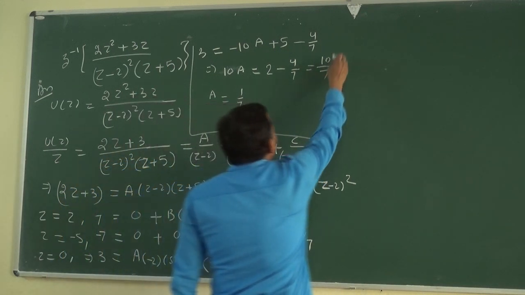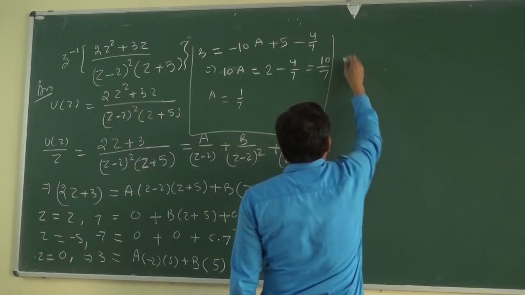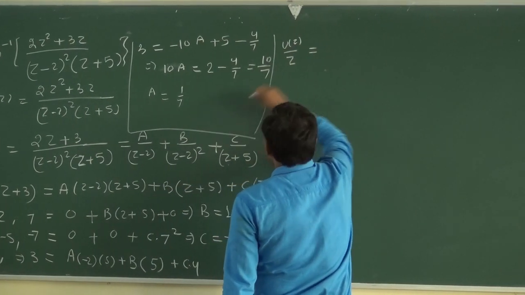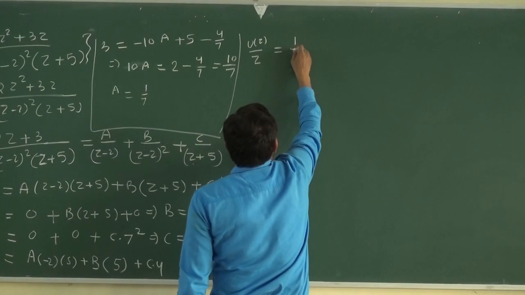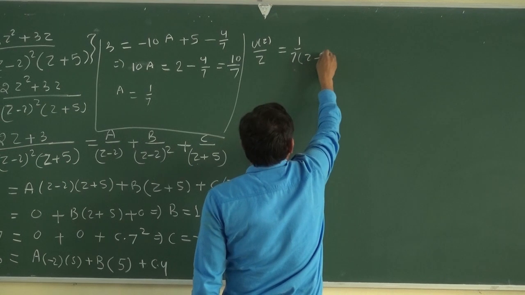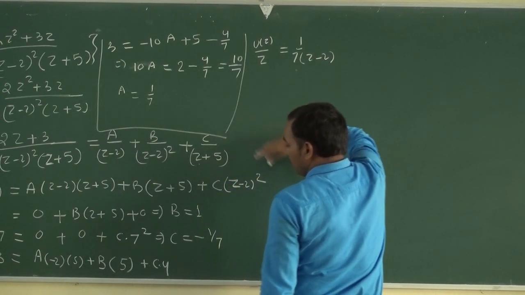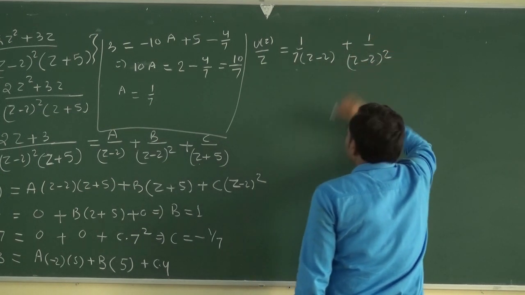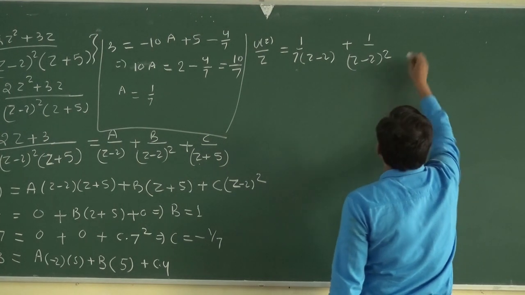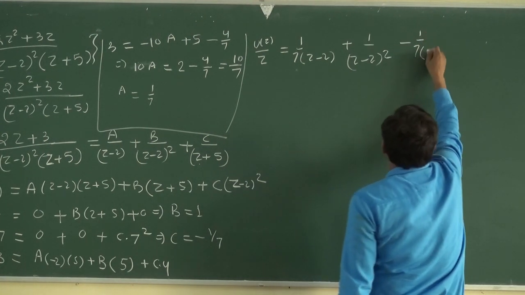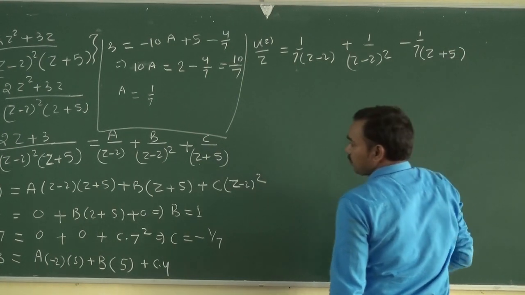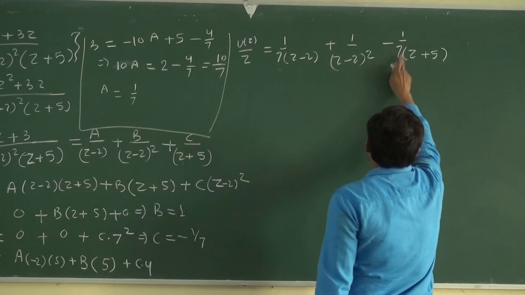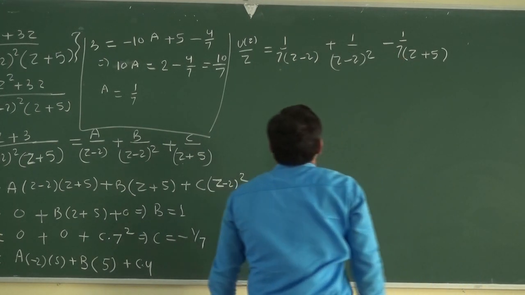So the partial fraction is U(z)/z equal to, with A equal to 1/7, 1/(7(z - 2)), and B equal to 1, plus 1/(z - 2)^2, and C equal to -1/7, minus 1/(7(z + 5)).